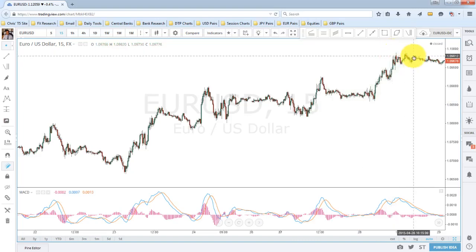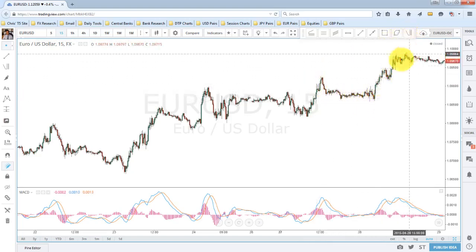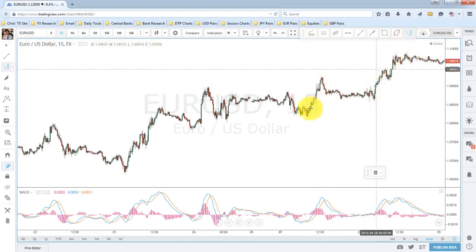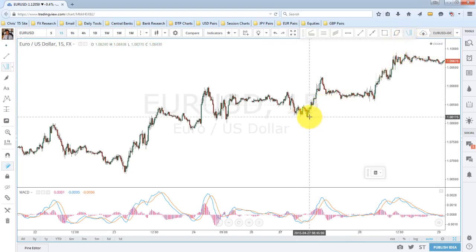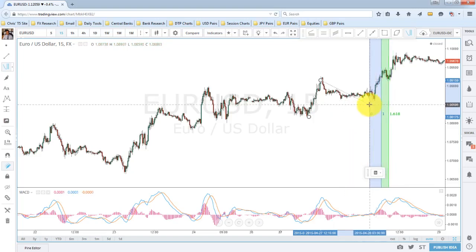But the other thing, and I'm going to jump ahead a little bit here, the other thing we'll use in this scenario, because if we just look at this swing, it looks like it could have possibly extended, but it didn't, and you'll see that a lot with price moves that extend in time. Okay, so we'll use our Fibonacci-based time extension here.